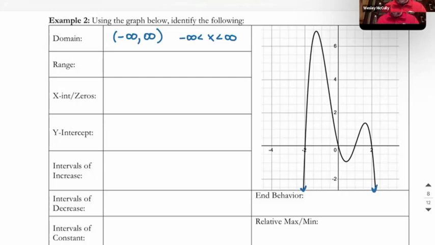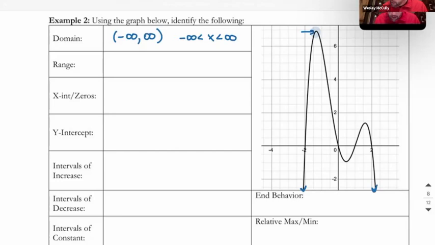Now the range, I can see that both ends are going down forever and ever, but it does have a maximum value, right? It has a maximum point way up here. So with that being said, the curve does not go above that point. So the range is not all real numbers. It's from that point down. So we need to figure out where that point is. Let's see, this is 4, 5, 6.